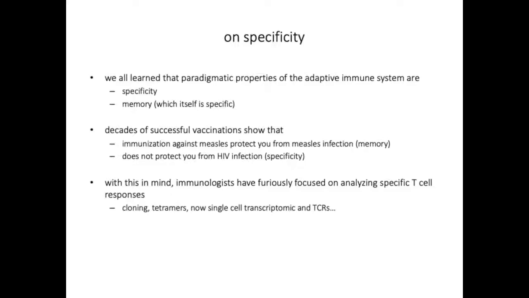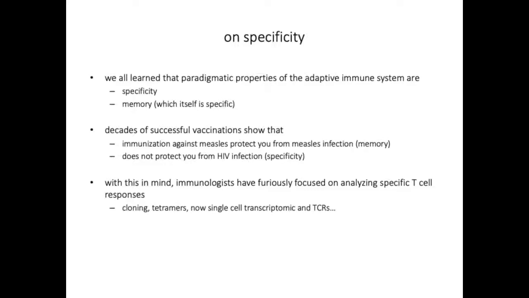And in fact, this paradigm is validated by tons of knowledge. For example, I'm not questioning that there is specificity, because if you vaccinate someone against flu, that person will not be protected from measles and vice versa. So specificity does exist.